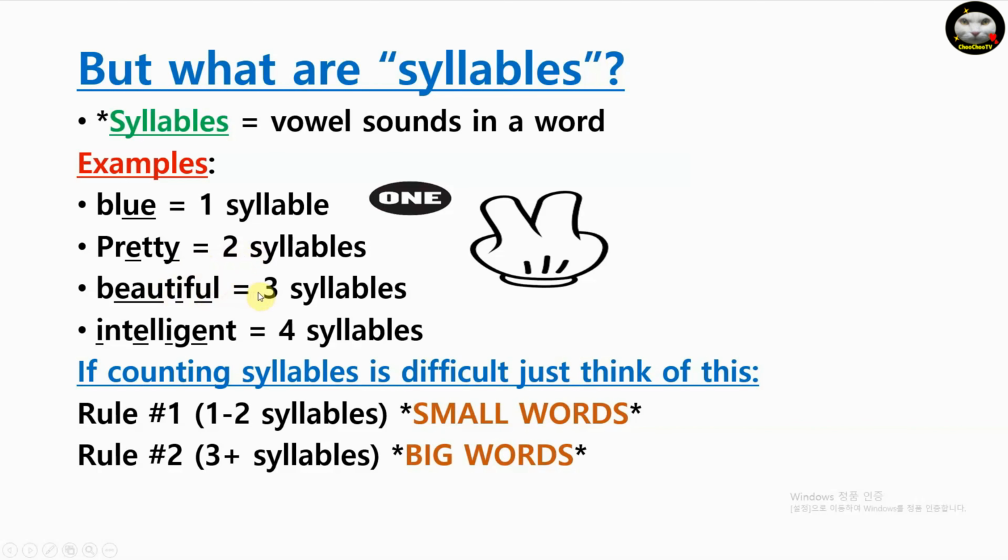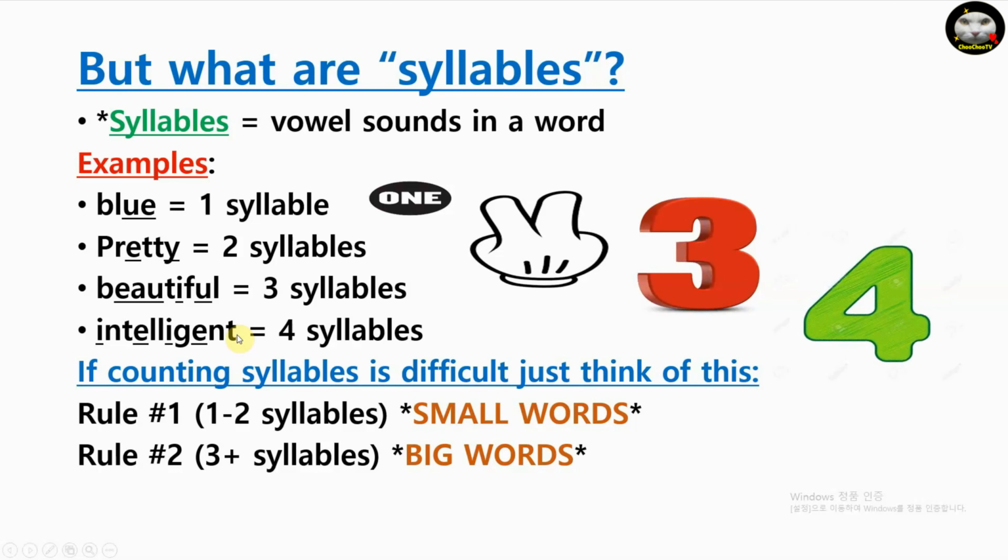Beautiful has 3 syllables. And intelligent has 4 syllables. If counting syllables is difficult, just think of this. Rule number 1 is for small words, and rule number 2 is for big words.